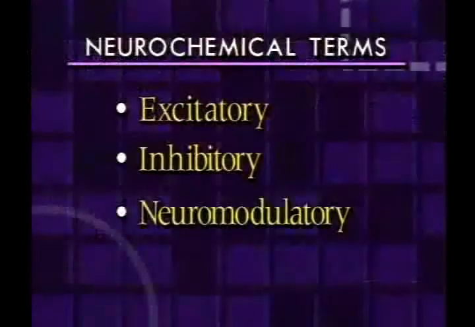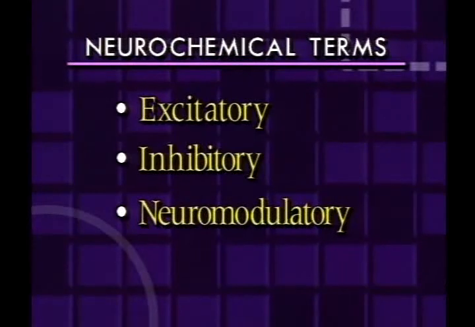If you look at neurochemical substances that are important in the brain, the 3 important ones to know are excitatory, inhibitory, and neuromodulatory. There are 3 types of neurotransmitters that you absolutely need to understand in order to know how the brain works: excitatory, inhibitory, and neuromodulatory.